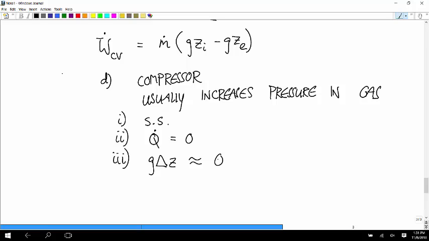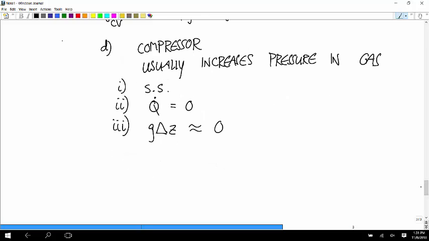And so you can write this as W dot for the control volume is equal to m dot times the quantity h_i minus h_e plus, sorry, I'm making this messy.